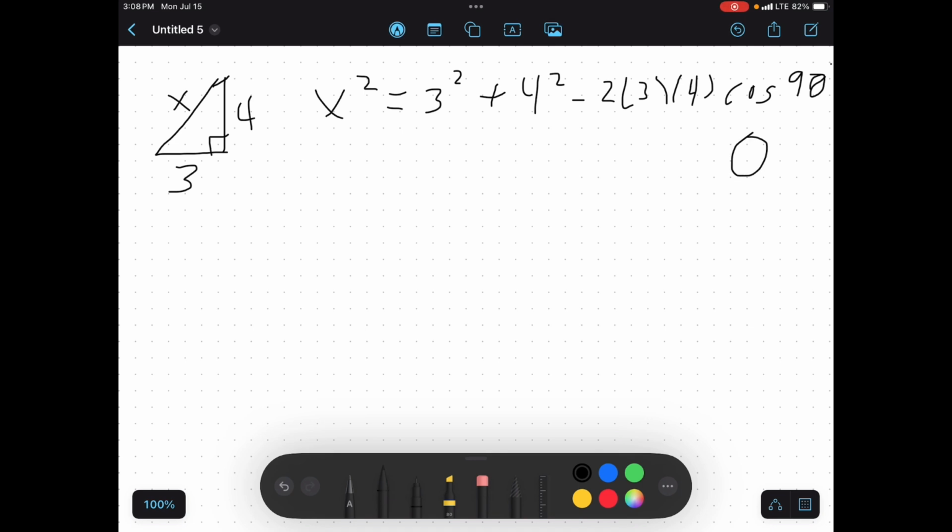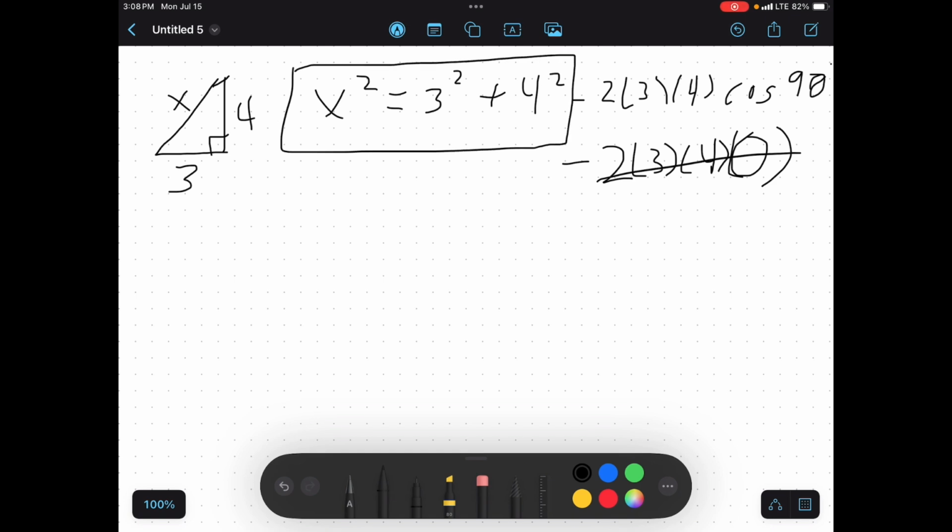So this becomes negative 2 times 3 times 4 times 0. And anything times 0 is 0. So all we're left with is x squared is equal to 3 squared plus 4 squared. Now you may remember that's got to be 5 squared because of Pythagorean triples, either from my past videos or your own memory.